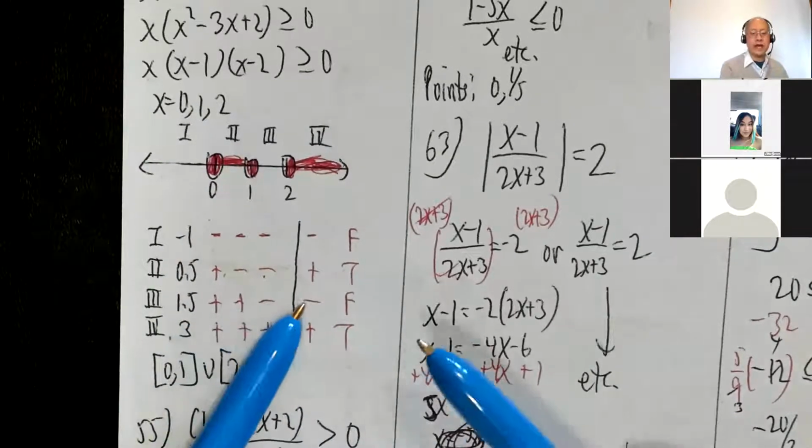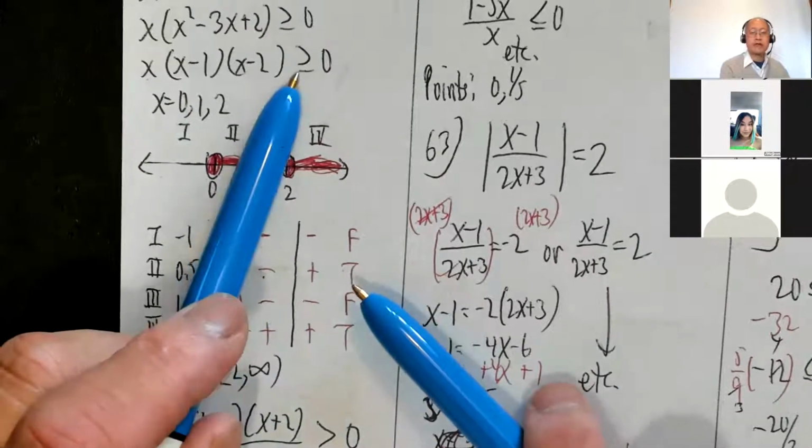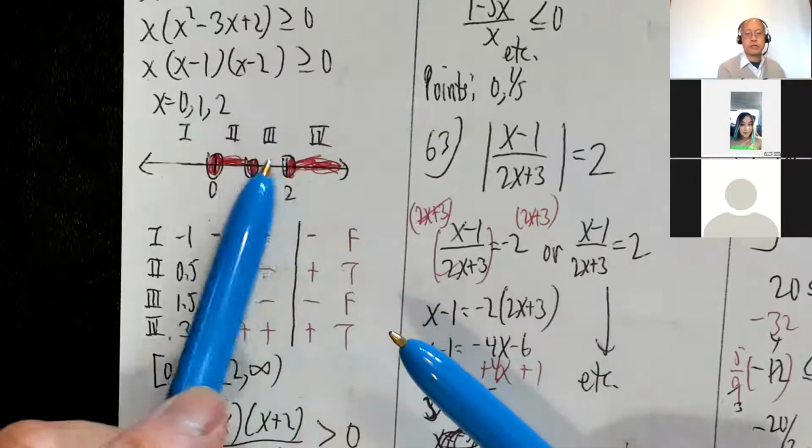Positive times negative, negative. Negative greater than or equal to 0, that's false. Don't shade in region 3.